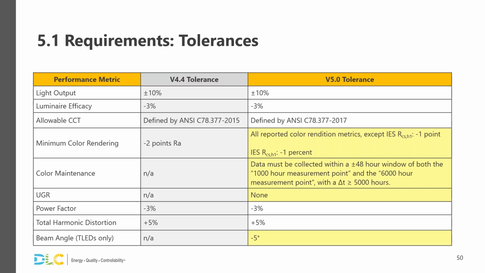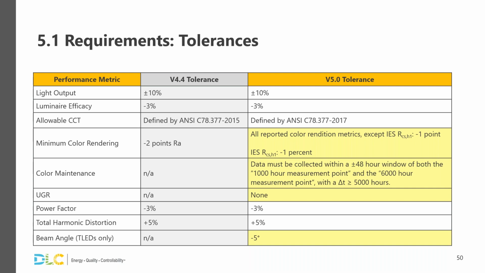Similarly, with new requirements comes new tolerances, specifically for color rendering, color maintenance, and UGR. I've highlighted those here, but it's important to call out that UGR has no allowance here. So we just want to call that out, that it is, in fact, none. And all applicable existing tolerances are still in place, like those for light output, efficacy, and CCT.